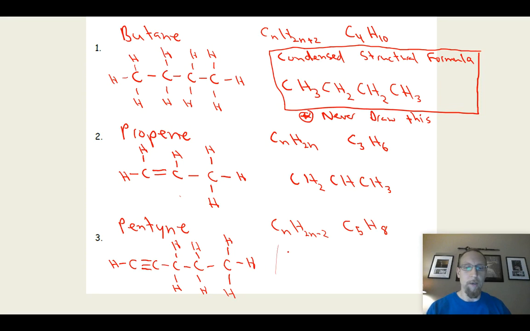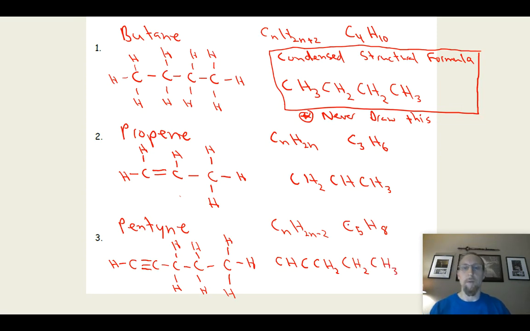So now again, what does the condensed structural formula look like? So this one would be CH, and then just C, and then the next one CH2, CH2, CH3.